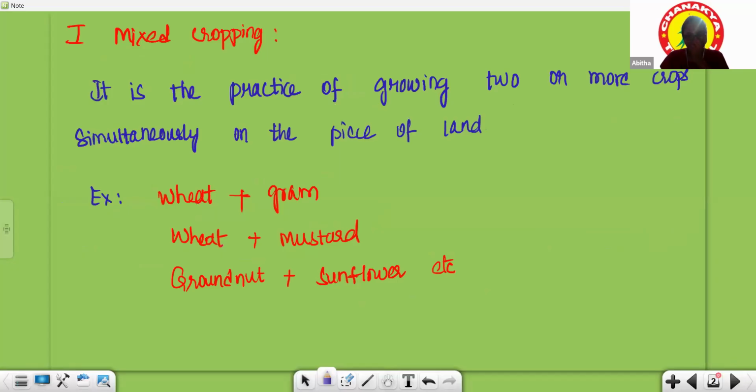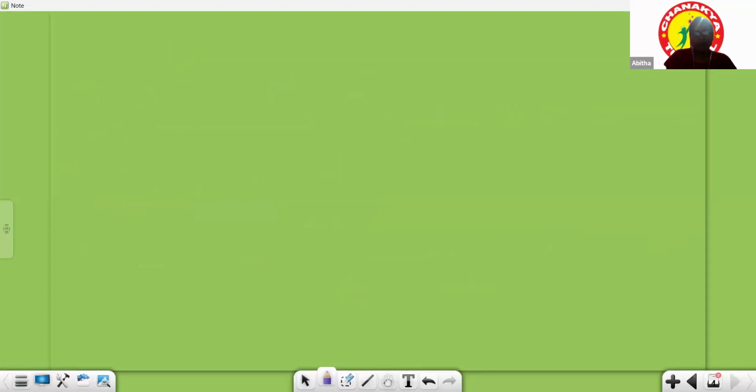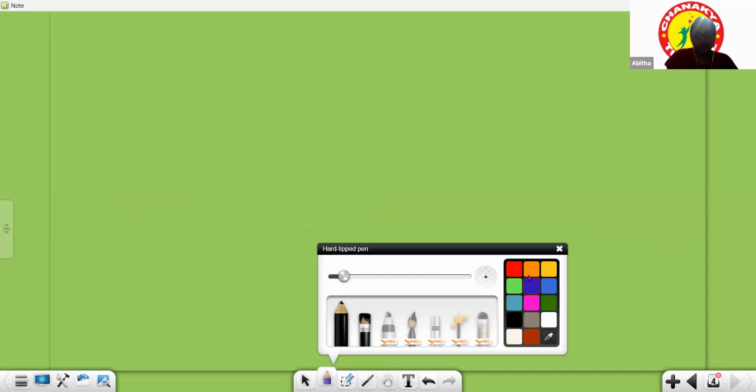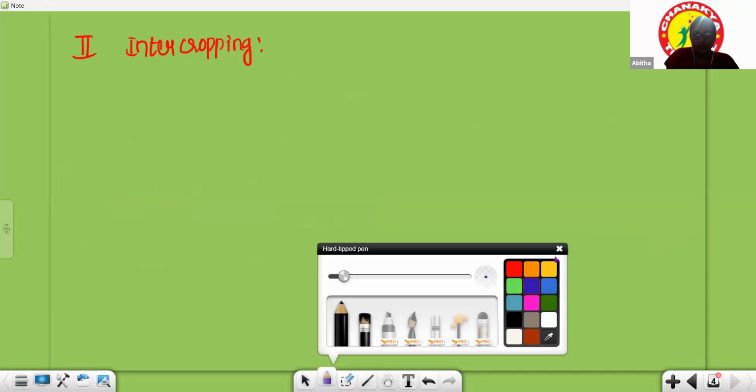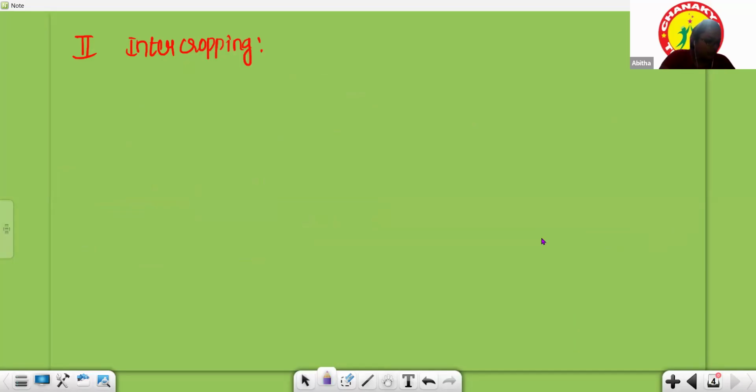Next pattern. We have discussed mixed cropping. The second one is intercropping. So what is intercropping? This is also growing two or more varieties, but whatever varieties you grow should have different nutrient requirements.